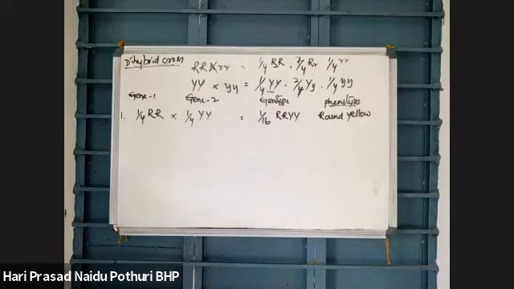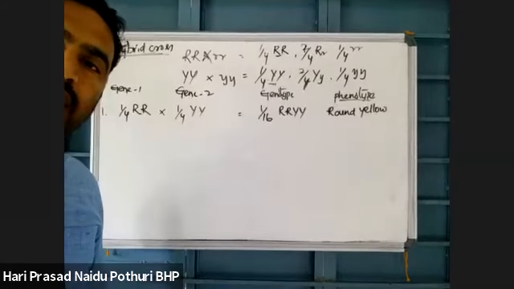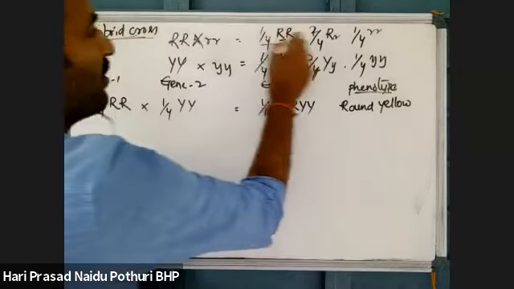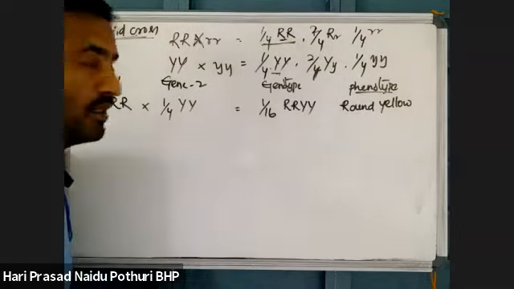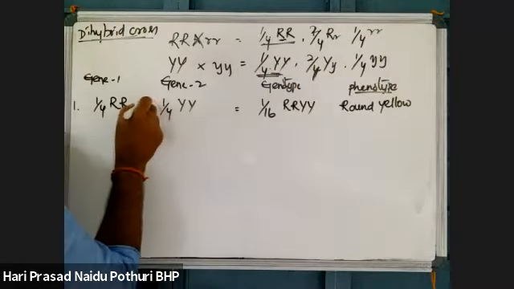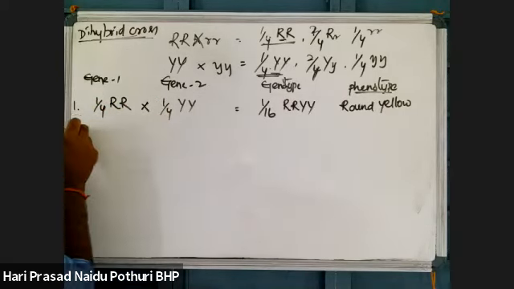Genotype probabilities. According to Mendel, genotype probabilities of a dihybrid cross are based on the monohybrid. Okay, this is a monohybrid result. This is another monohybrid result. If two monohybrids are multiplied, then dihybrid will come. That is the probability I am writing.